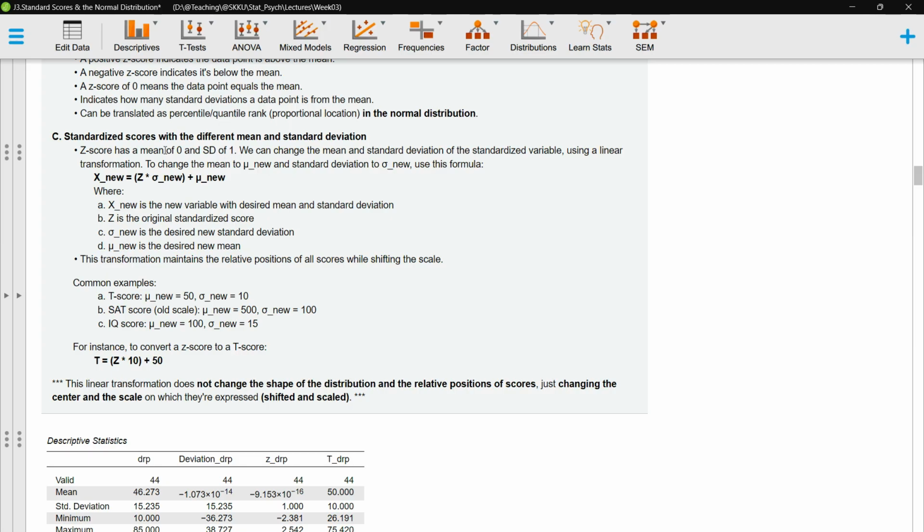Just like this, that means that we can change the mean and the standard deviation from the original variable, right?